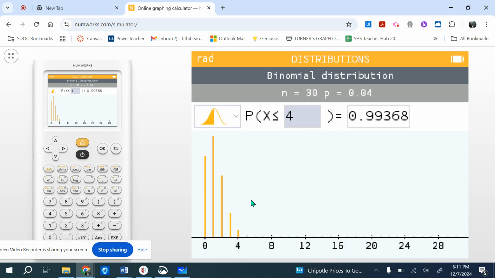So this total is these 5 bars added together. So this is the probability that x equals 4, plus the probability that x equals 3, plus the probability that x equals 2, plus the probability that x equals 1, plus the probability that x equals 0. So my answer is going to be 0.994.